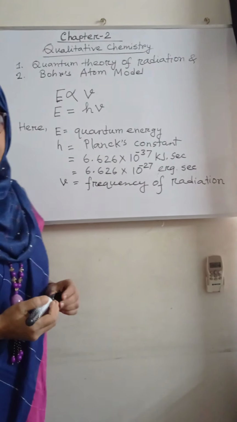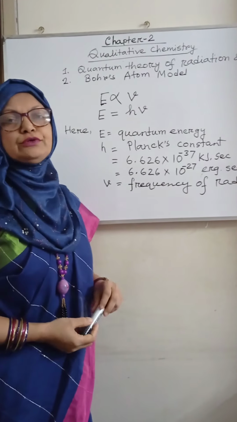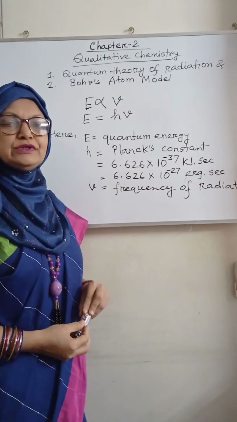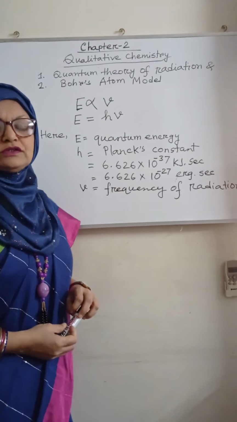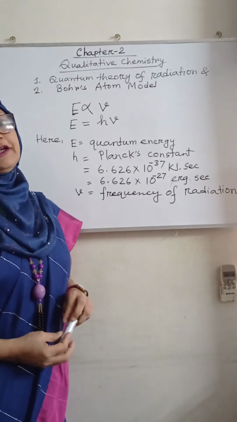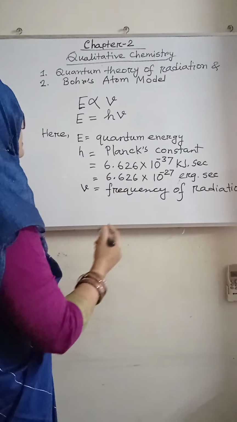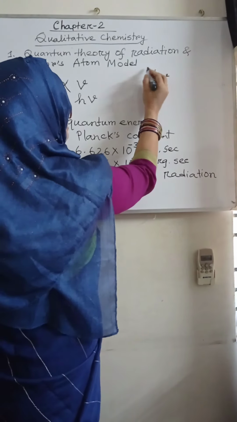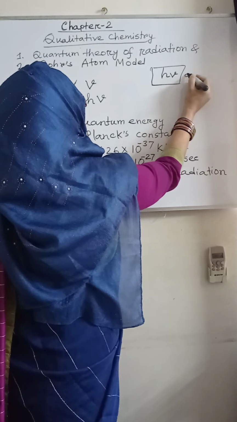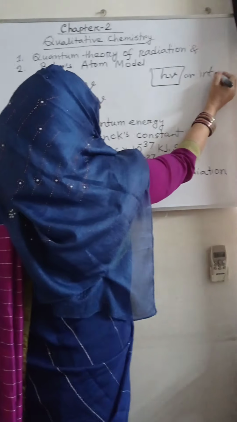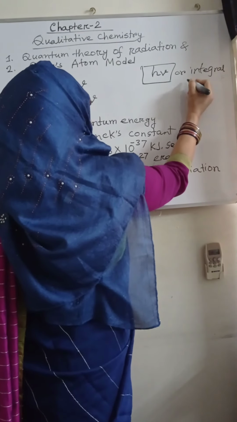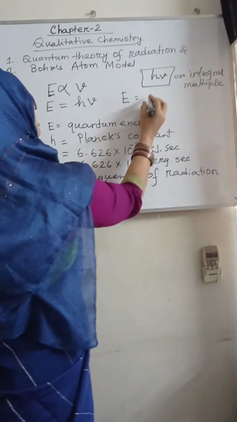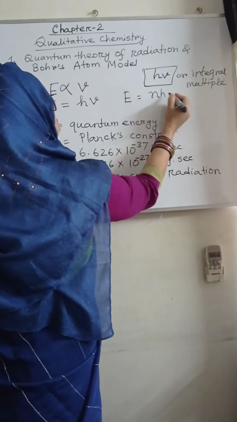The radiation or emission of energy from a body takes place discontinuously in the unit of h nu, or its integral multiple. That is, E equals n h nu.